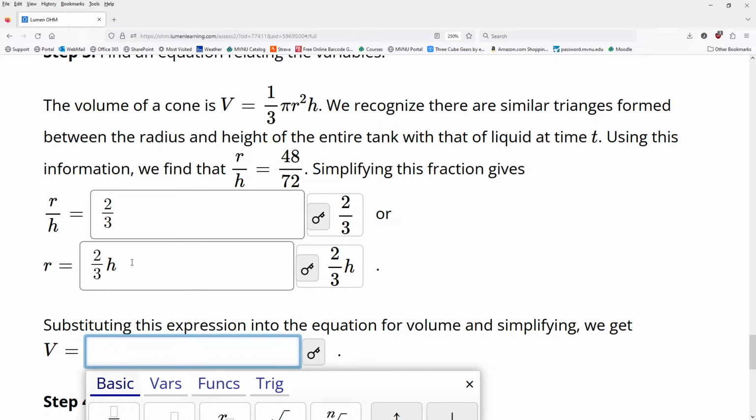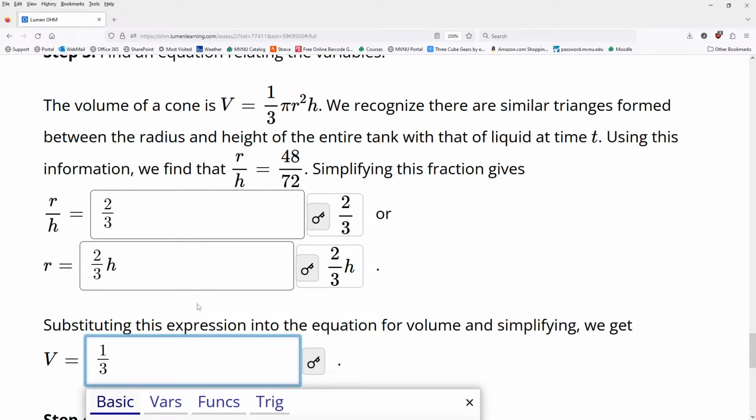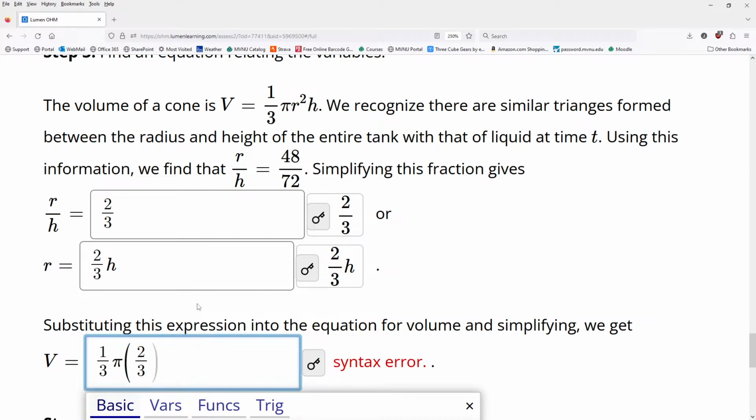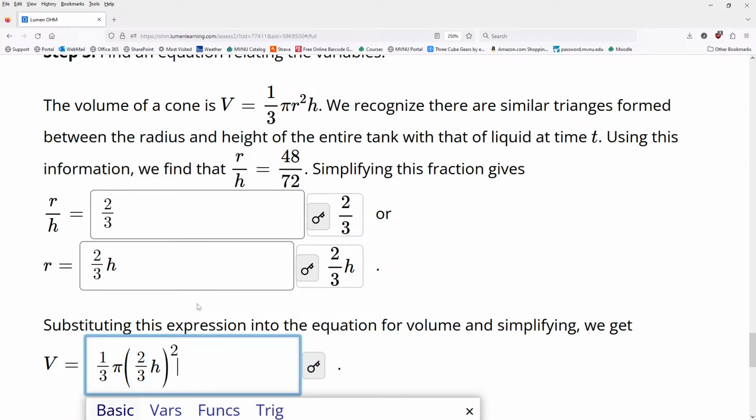Then they want you to substitute this into the expression up there. So what do we get here? We get 1/3 times pi times 2/3 H squared, and then times H. Notice that I've literally just substituted this into that.